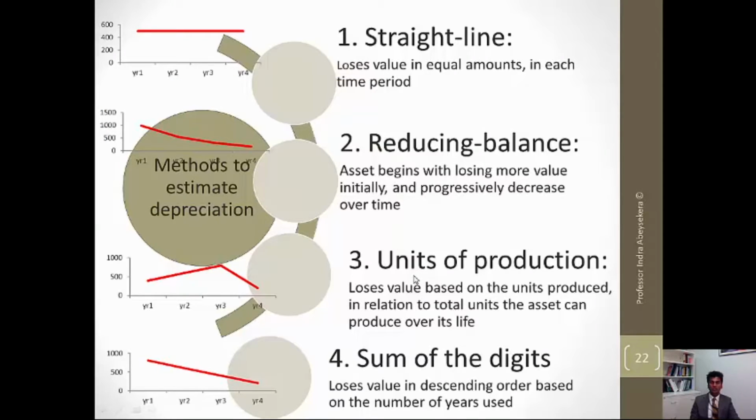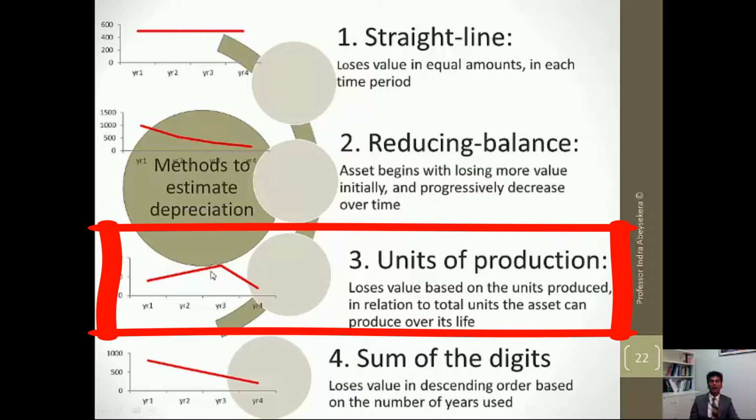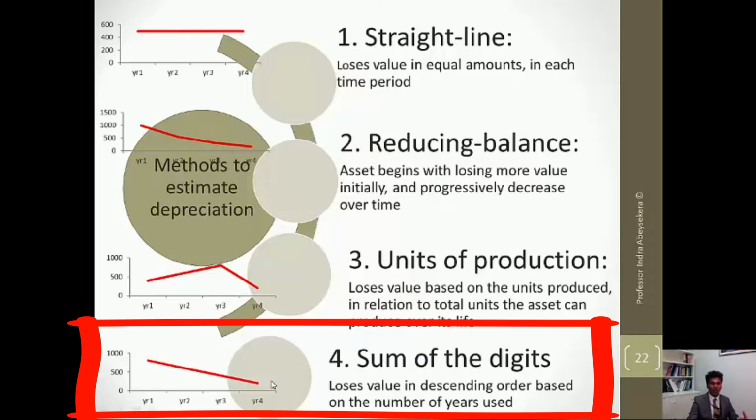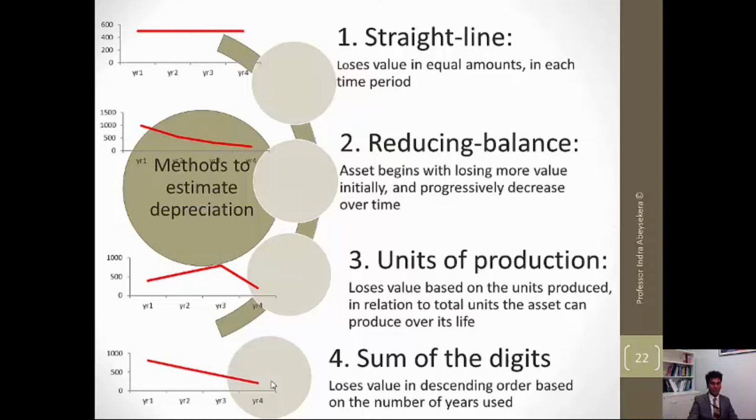Units of production, the depreciation expense is quite random, with no set pattern. The sum of digits method is decreasing, but it is decreasing linearly, on a straight line or on a linear basis. But that's different from the reducing balance method.